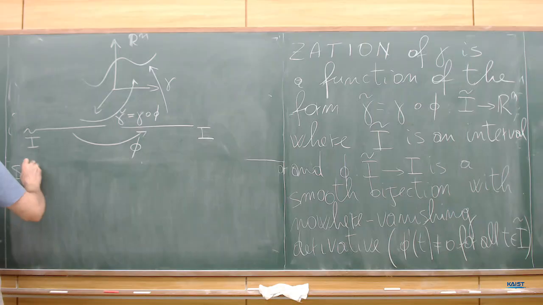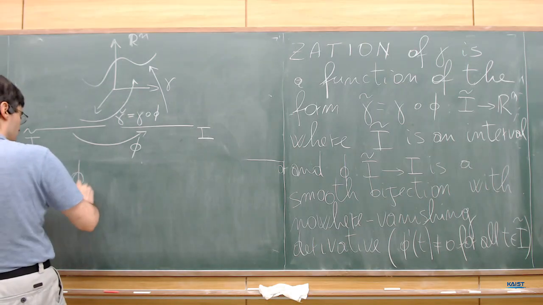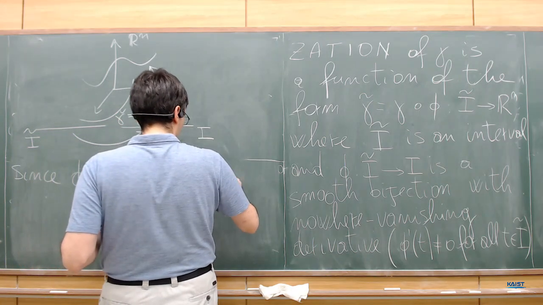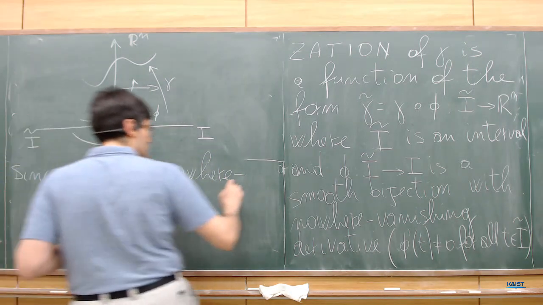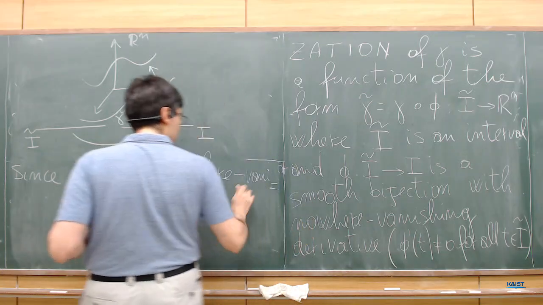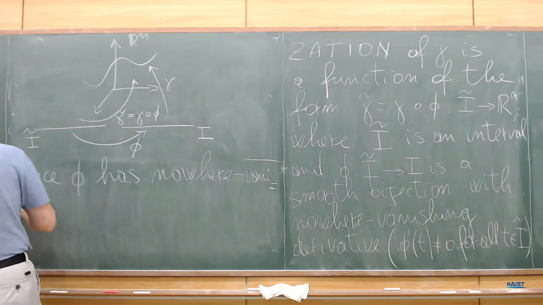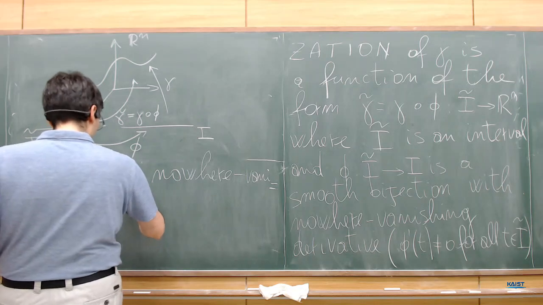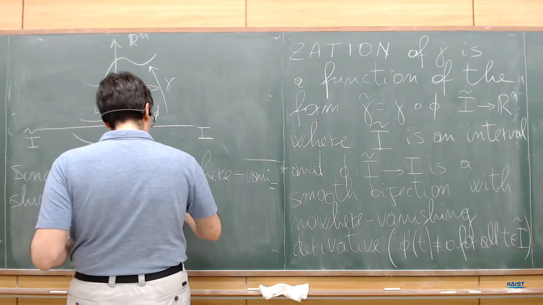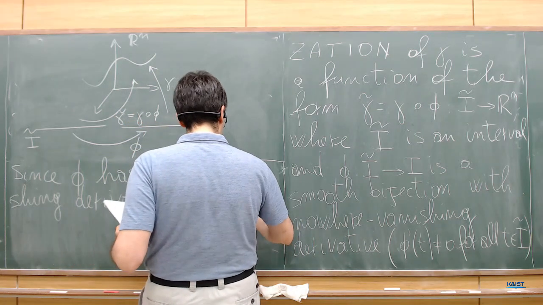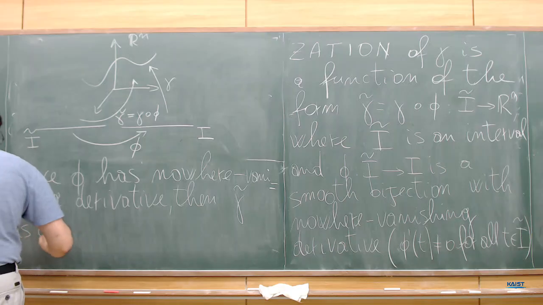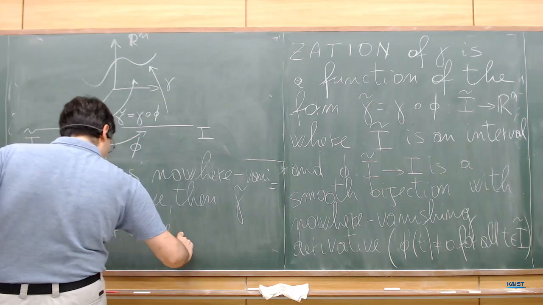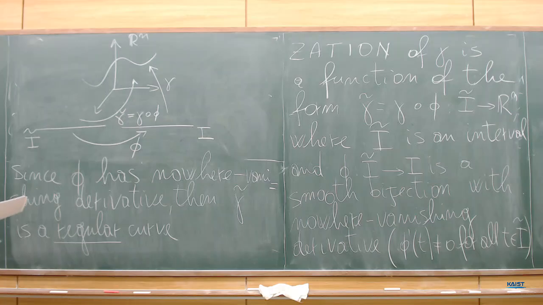Since phi has nowhere vanishing derivative, then the new curve gamma tilde is a regular curve, exactly as gamma. And let's prove this.